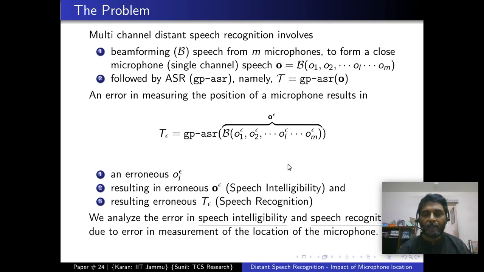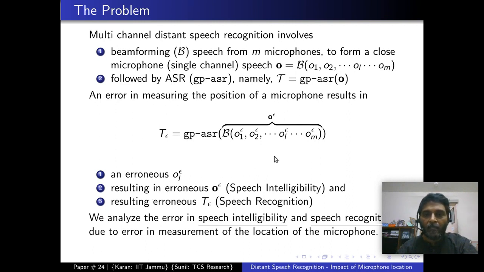As you can see in this figure or in this equation, the erroneous input to the beamformer results in an erroneous single channel output, which, when passed through the speech recognition engine, results in an erroneous transcription. So there are three things that we'll be looking at.